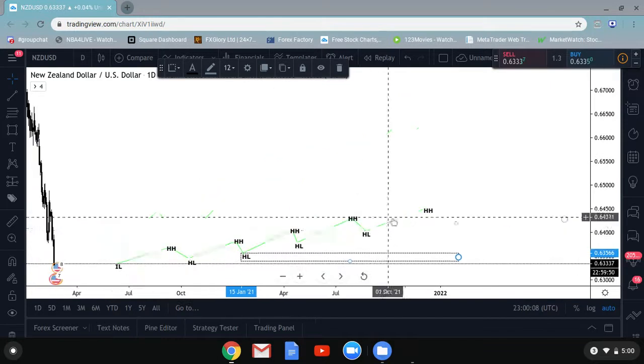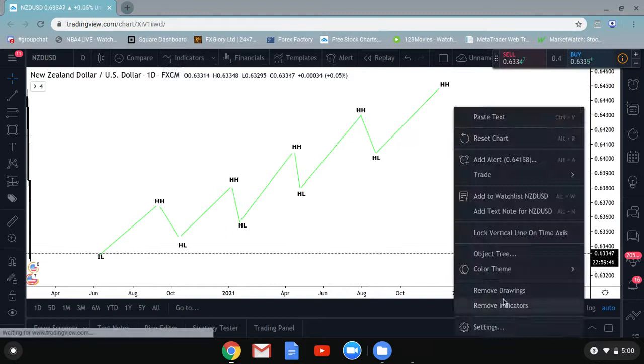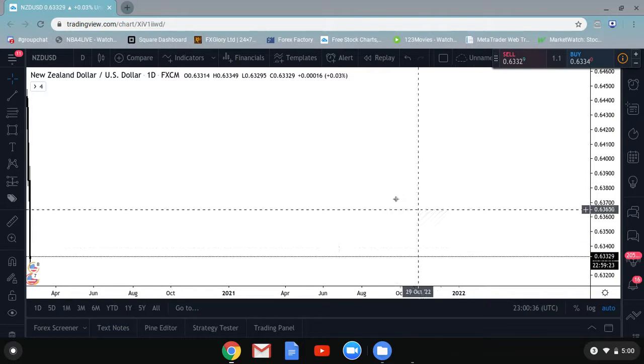Now the next one that we are going to go over is going to be consolidation, and how to spot consolidation and what it is. Consolidation is when the buyers and sellers are equal. Price is fluctuating in a range, but not too far in either direction. It's really staying consolidated in a range.